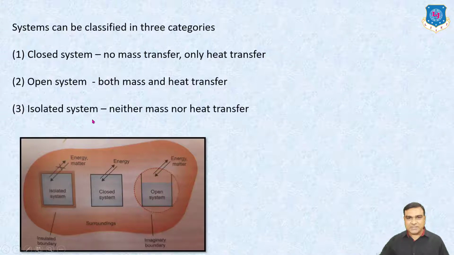In an isolated system, neither mass nor heat is transferred. So in an isolated system, neither heat nor mass can transfer. But in a closed system, heat can transfer but mass is not transferred. And in an open system, both mass and heat are transferred.